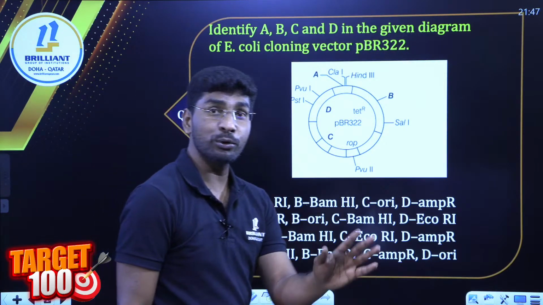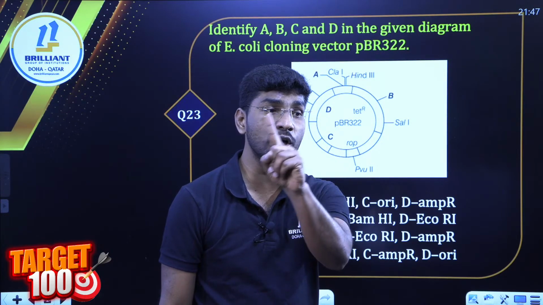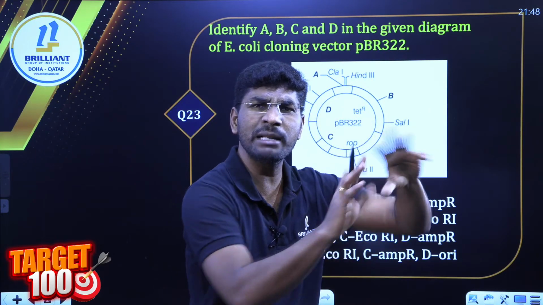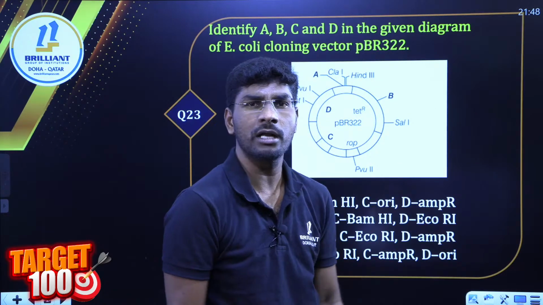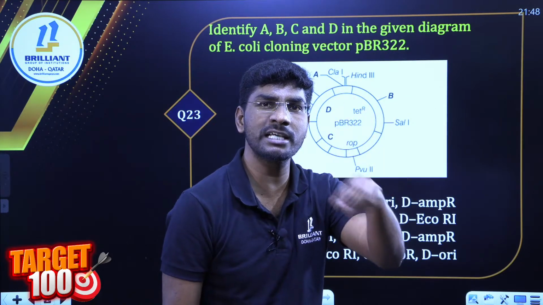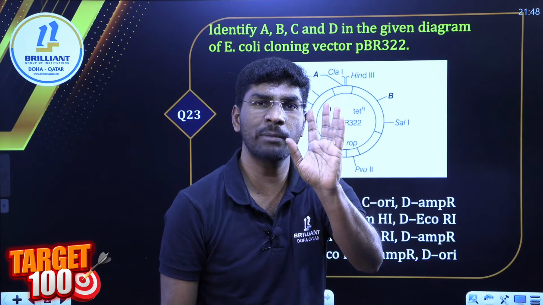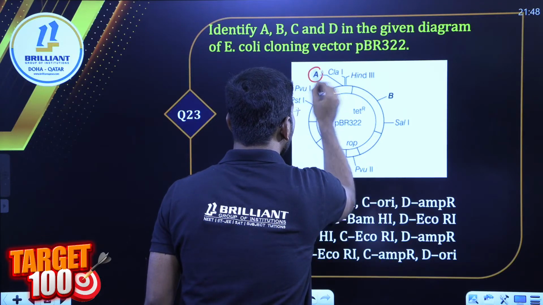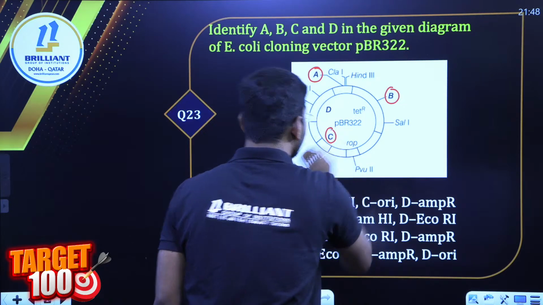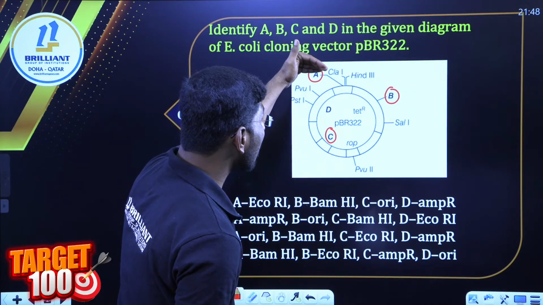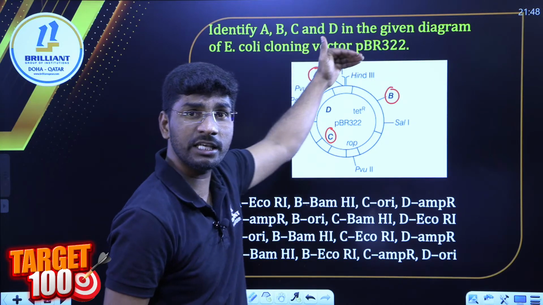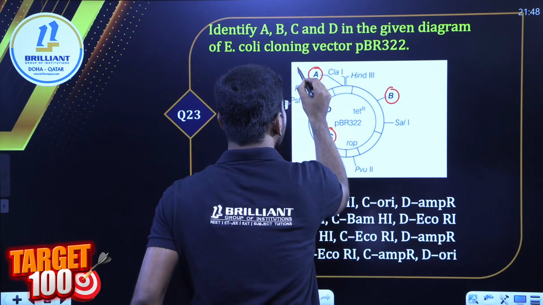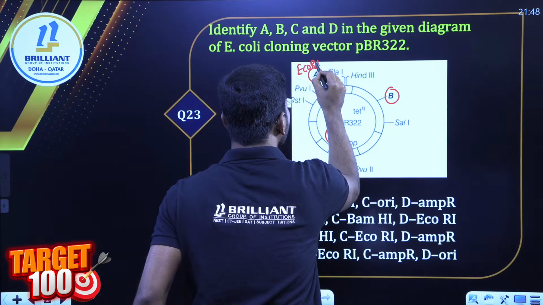Now look at this. I told you pBR322, no doubt. This type of question can come. A, B, C, randomly they will give and ask you to find the correct one, which endonuclease enzyme, which tetracycline, this selectable marker. Look here. Identify A, what is A, B and C. On the top of this, ClaI and HindIII, there is EcoRI also, right? EcoRI is there.